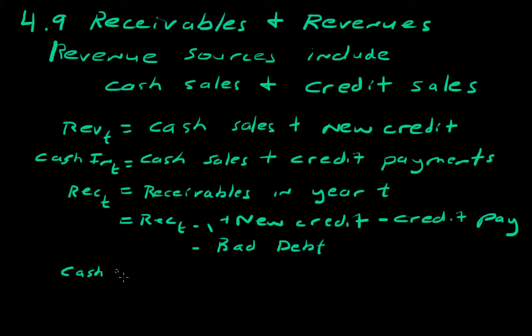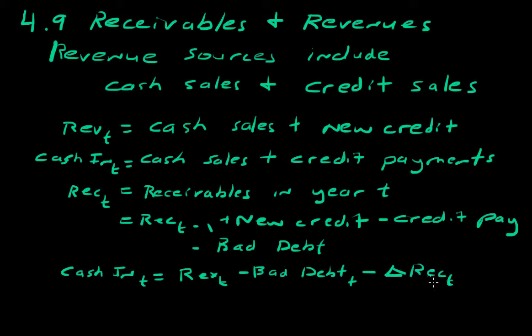Again, our goal is to get to the cash item. So our cash in, with some algebra, simply equals the revenue from that period less the bad debt from that same period, and then we also subtract out the change in receivables.